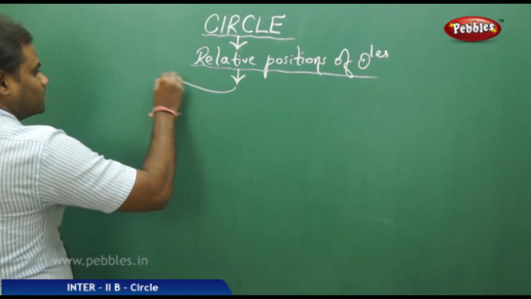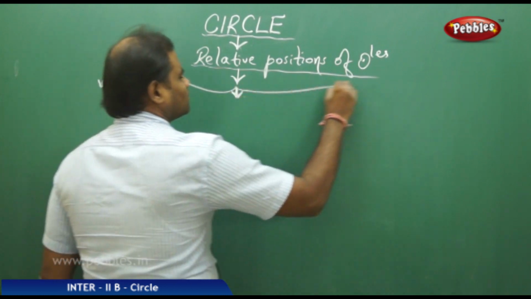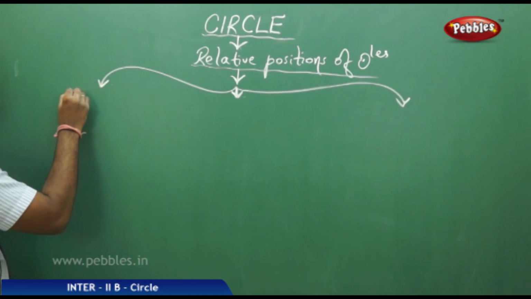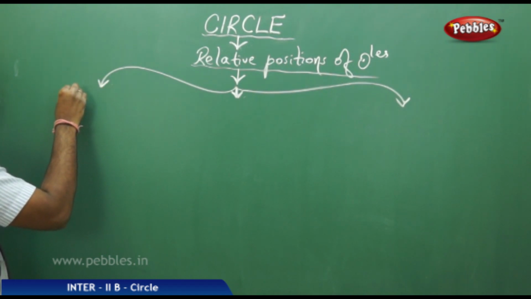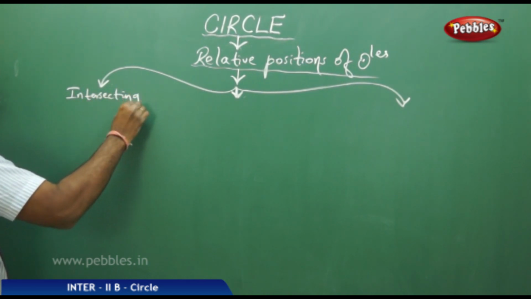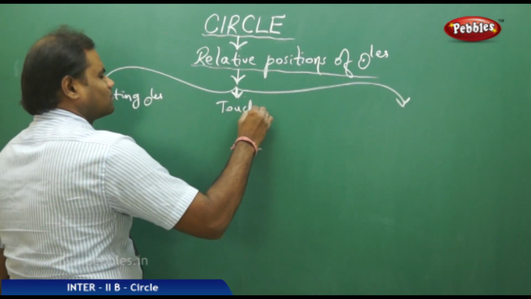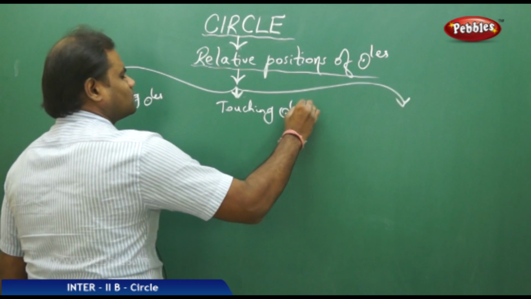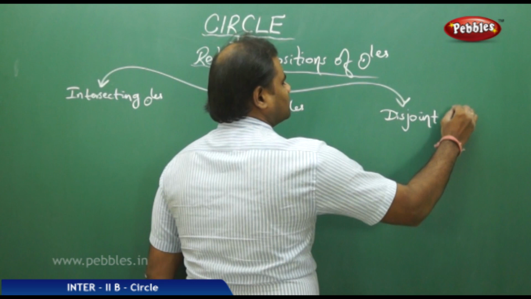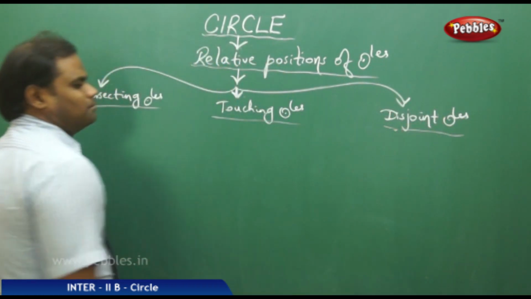So initially, case 1, case 2 and case 3, where the first case is intersecting circles, touching circles and disjoint circles are the three cases which we have here.